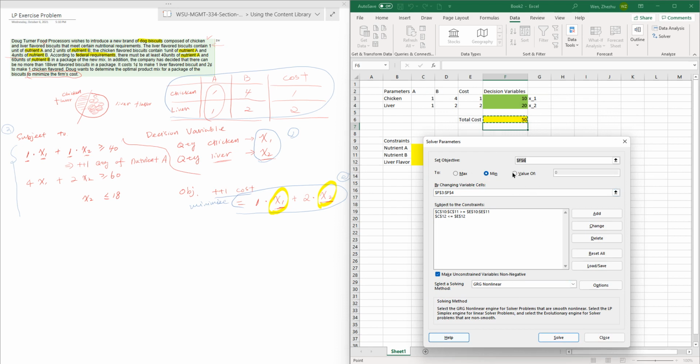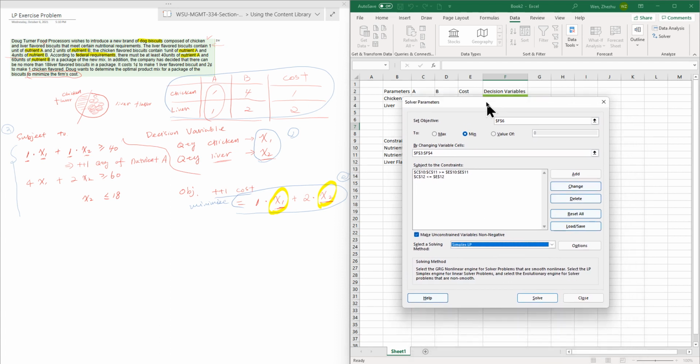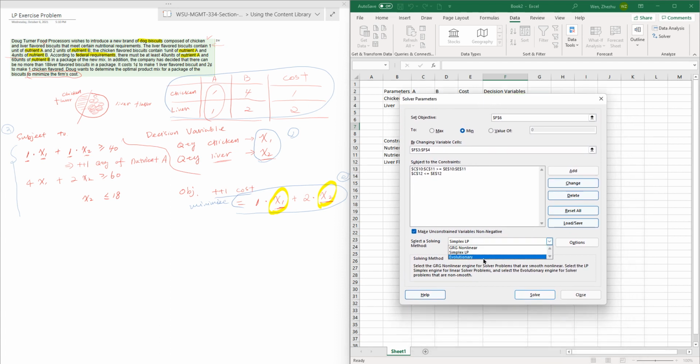Okay, just give it one more review. And then here it has to be Simplex LP. You don't want to know why not these other two. Just go with Simplex LP. I explained during the class why Simplex LP will work the best. Let's keep it simple. Go solve.